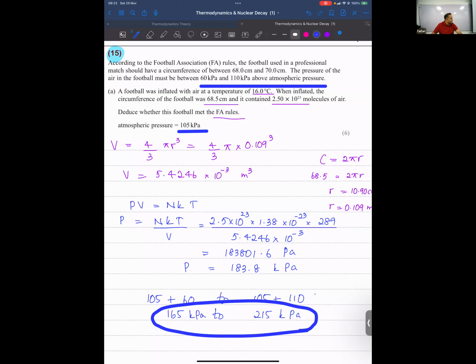That is the requirement. Now we have got 184, which means it's fine, between the two. Correct? So write the statement: yes, it meets the FA rules.